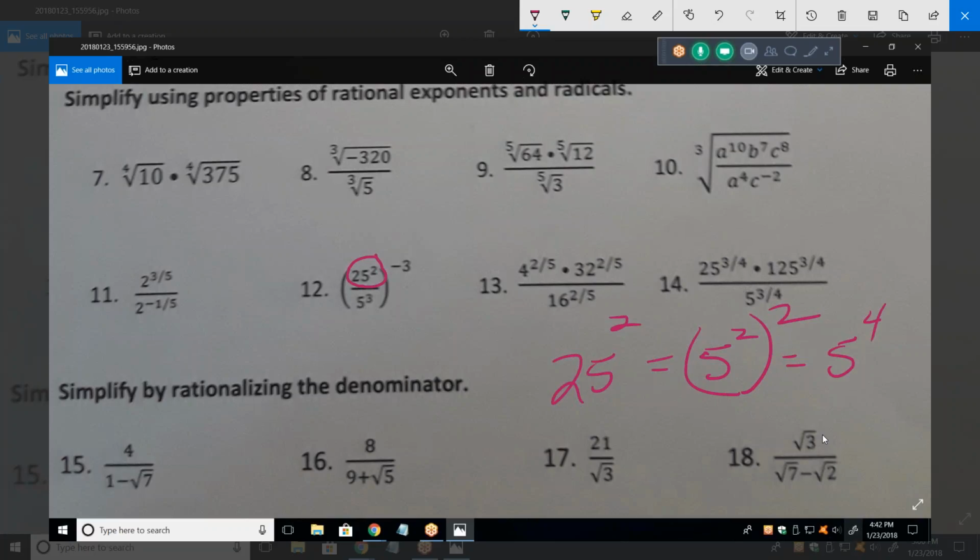Okay, so now the problem is 5 to the 4th divided by 5 to the 3rd, all to the negative 3. Which one do I do first? The 5 to the 4th and 5 to the 3rd. Okay. So that would be 5. Okay. So that would be then 5 to the negative 3rd. Which is? It's the negative x.